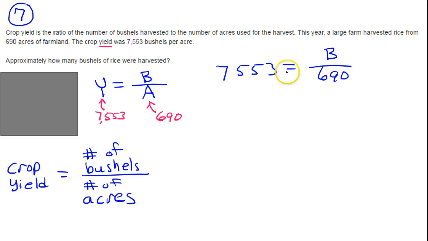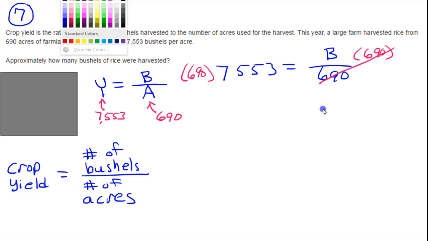To solve this equation for the number of bushels, you multiply by whatever's in the denominator. So I'm going to multiply both sides by 690. That way these cancel out, leaving bushels all alone.